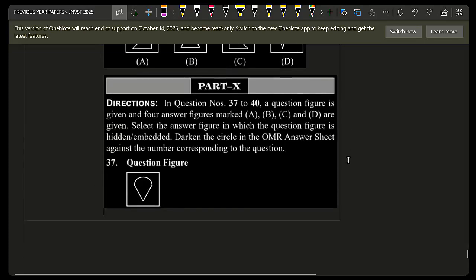Part 10. What we have to do in this, in question numbers 37 to 40, a question figure is given and four answer figures are marked A, B, C, D. Select the answer figure in which the question figure is hidden or embedded. So we have to identify this part in one of the given options. So let's take the answer figures of 37th question.